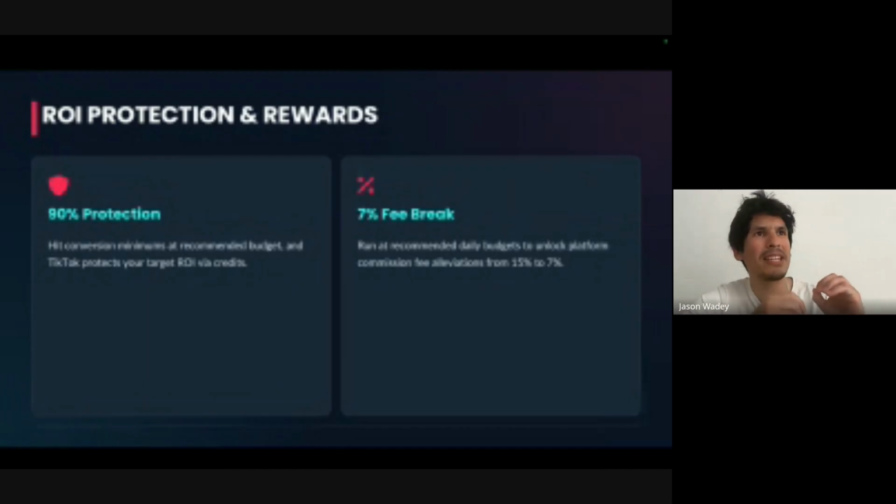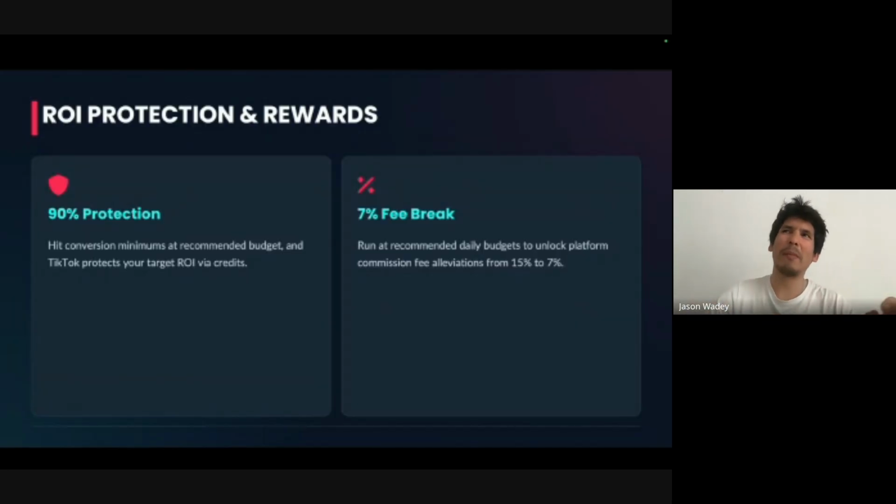In general, to achieve this, you need to be running with a certain minimum ad spend that TikTok specifically recommends. In the UK, I remember this is around £200. I think in the US it's around $250, maybe slightly more, slightly less.